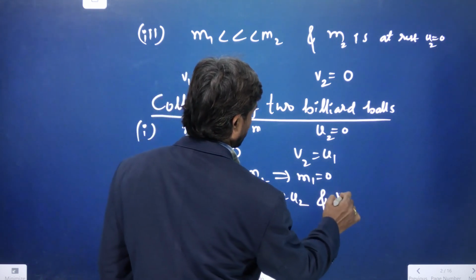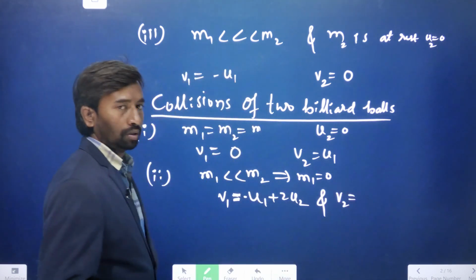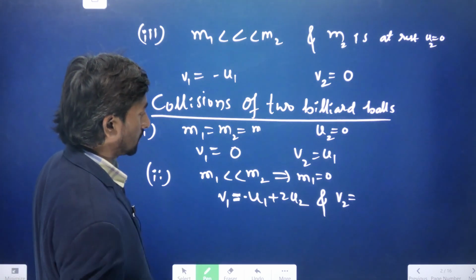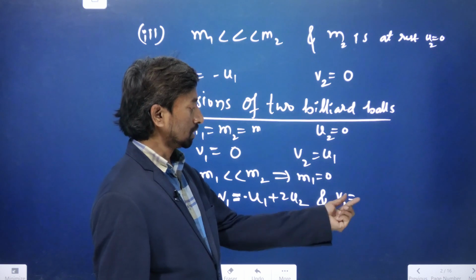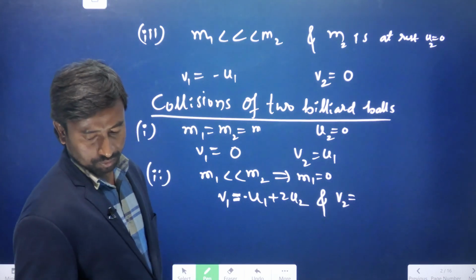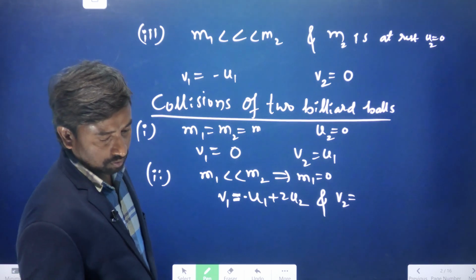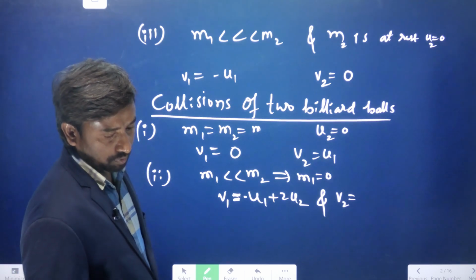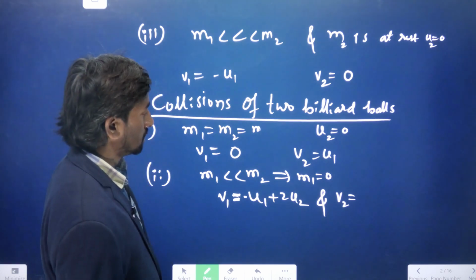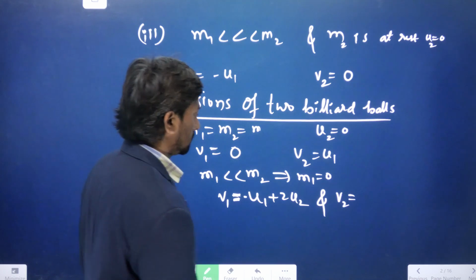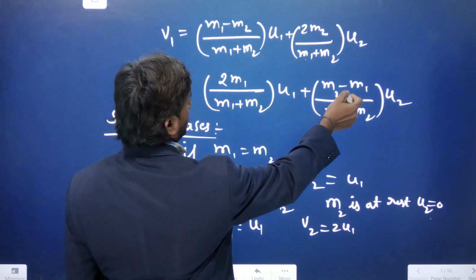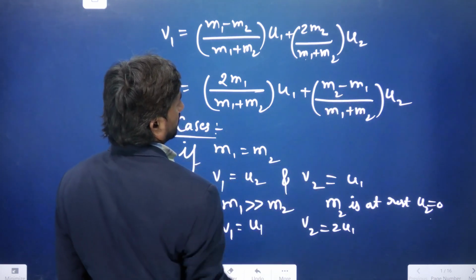And next v2. What about v2 here? v2 means 2m1 divided by m1 plus m2. If m1 is neglected, then v2 can be written as 2 times u1. The m1 and m1 will be cancelled there.